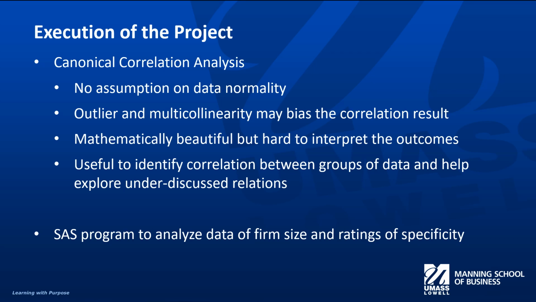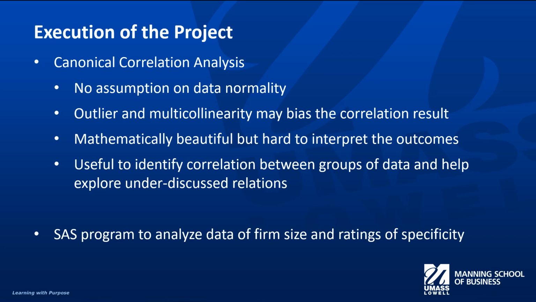And we know that canonical correlation analysis is mathematically beautiful, but it's very difficult to interpret the outcomes because we have the correlation between the data sets, but we do not have any prior theoretical interpretation or argument on these methodologies.